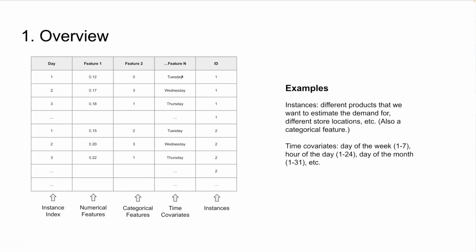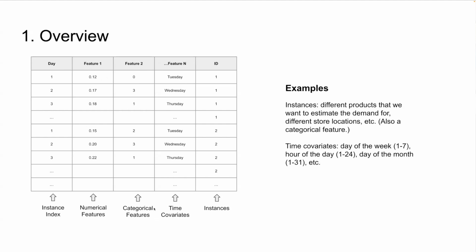And for each instance and each day, you'll have some type of features. In this case, I'm showing n features. The first feature here is an example of a numerical feature, just like a float number. The second will be a categorical feature, so it can be different classes or different types that we might have.